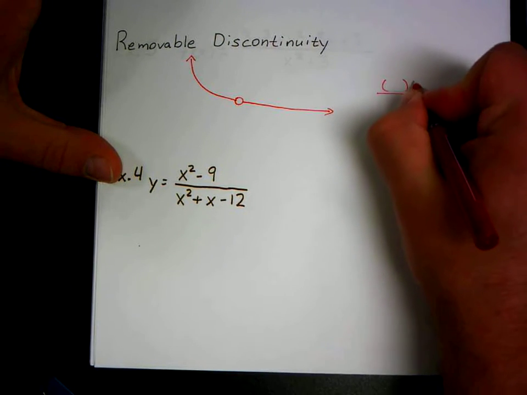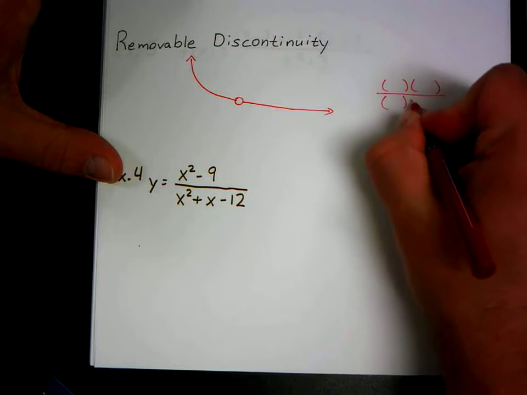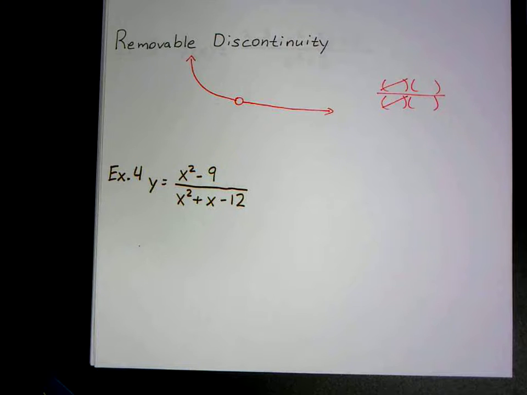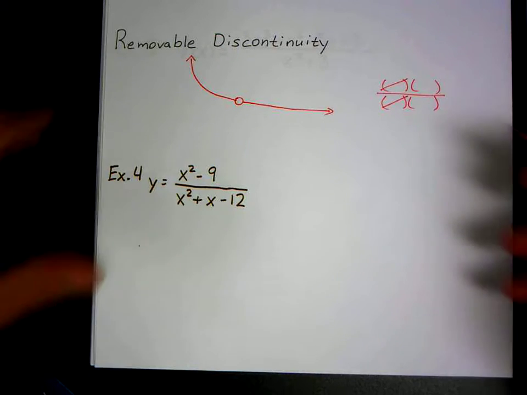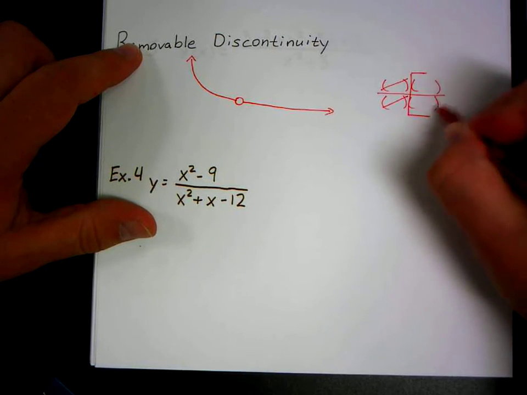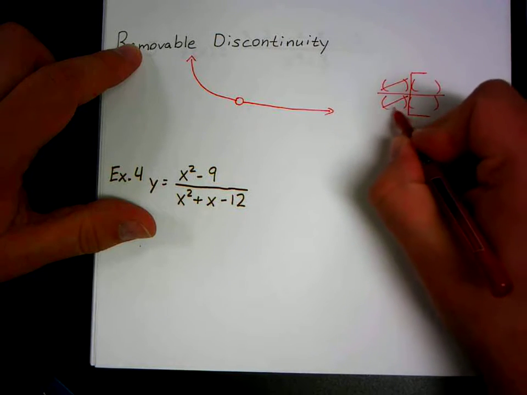We factor our stuff, and then we remove our discontinuity. We remove that 0 from the bottom. We can't remove it all the way because we have to graph our original equation. That's why the hole is still there. Because we're not graphing just this. We still have to factor this into our graph.